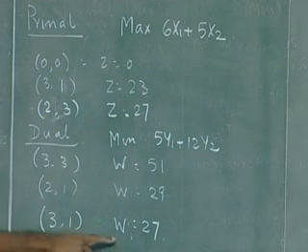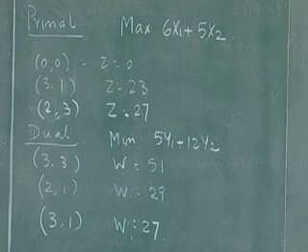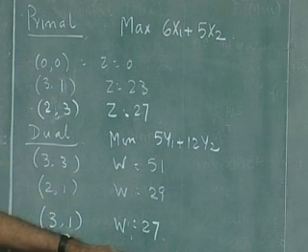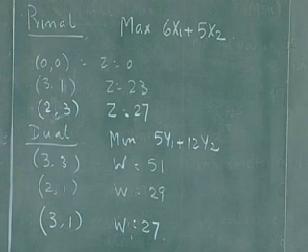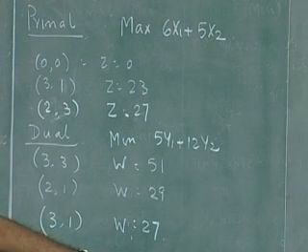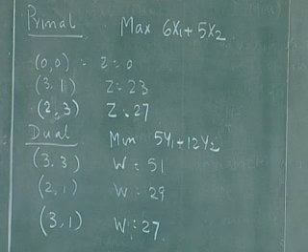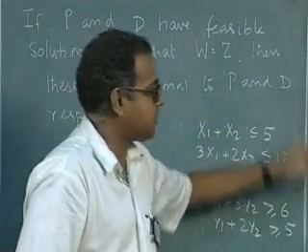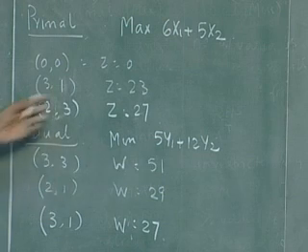Then it will straight away violate the weak duality theorem, because weak duality theorem says every feasible solution to the dual will have an objective function value greater than or equal to that of the primal. By the same logic we can prove that this is optimal to the dual. So the optimality criterion theorem says that if primal and dual have feasible solutions with the same value of the objective function, then those solutions are optimal to the primal and dual respectively.